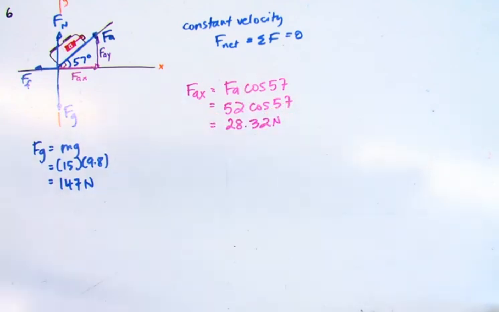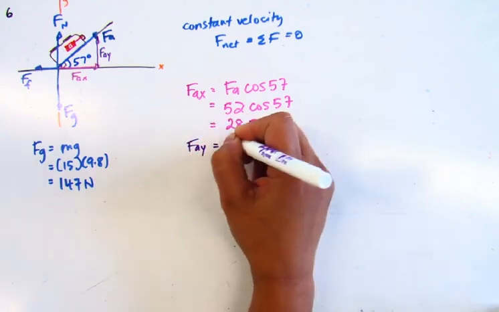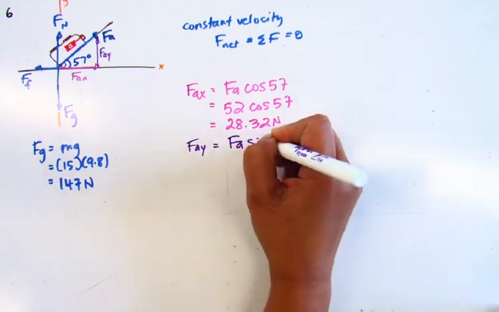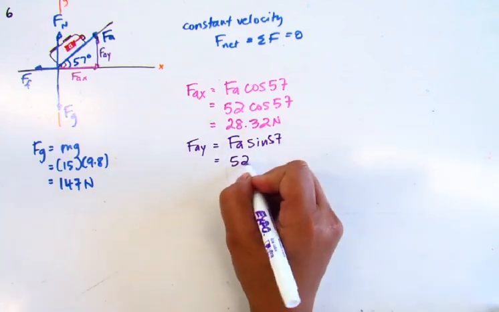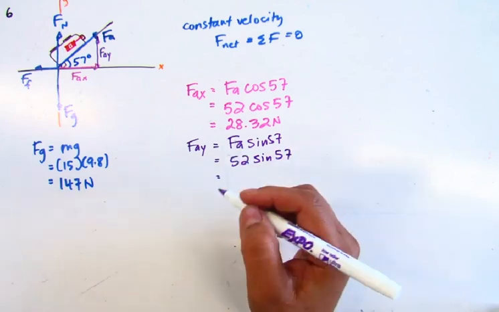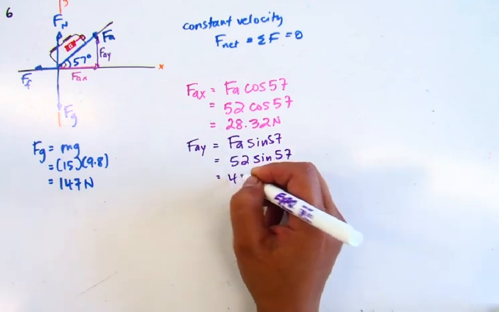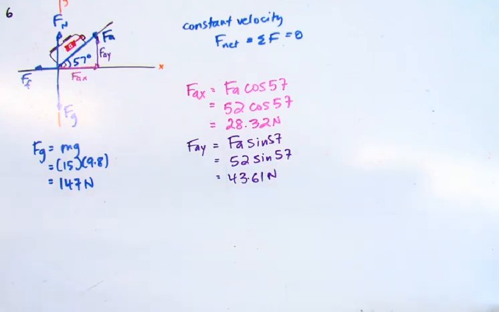And then looking at the y component, Fay, it's Fa sine 57, which is 52 sine 57, which is equal to 43.61 newtons. Okay, so now we have all the numbers we need and we have to just put it all together.